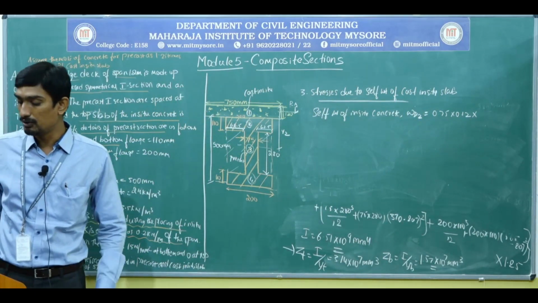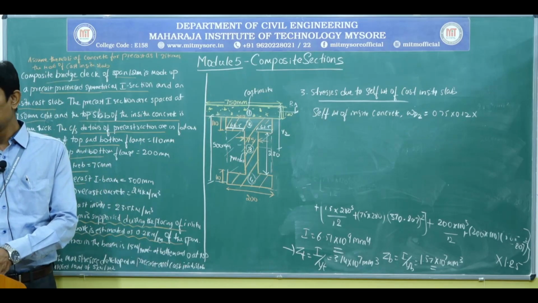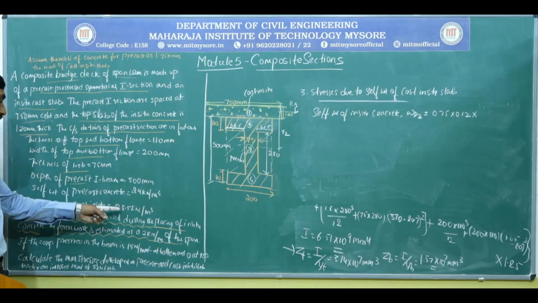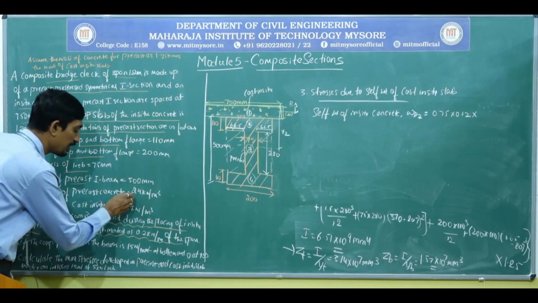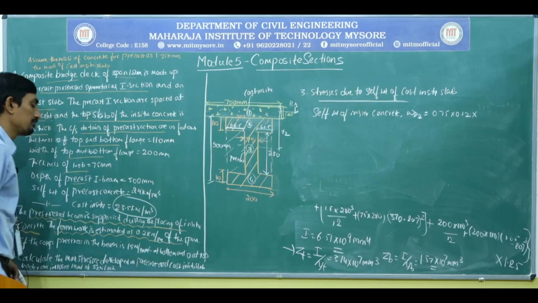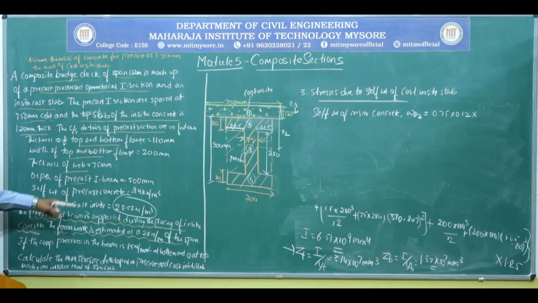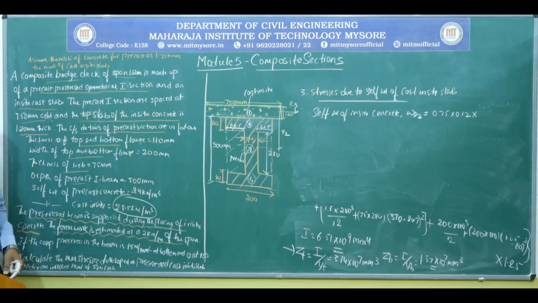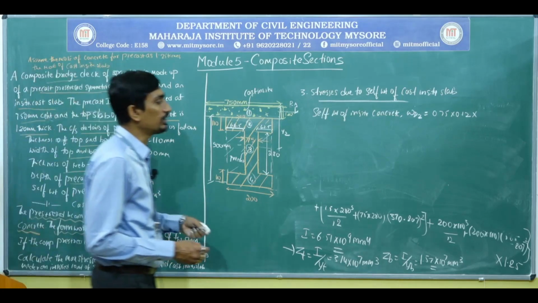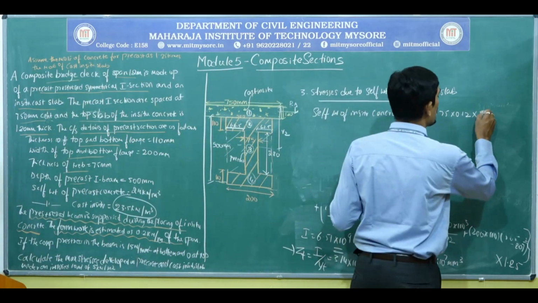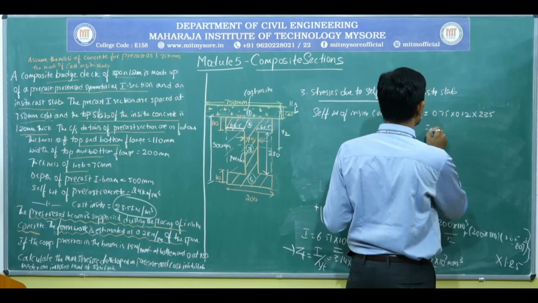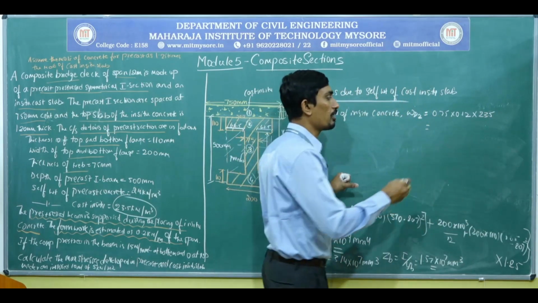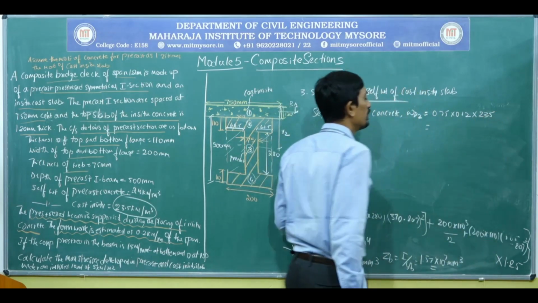So please be careful, in the problem they have given the cast in situ density as 23.5. In the precast we considered 24, but please be careful. So now it is 23.5, hence multiply by 23.5. When they have not mentioned anything, you can consider 24 or 25. But in this problem, they have given 23.5.